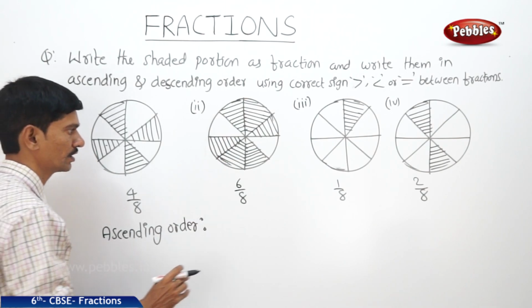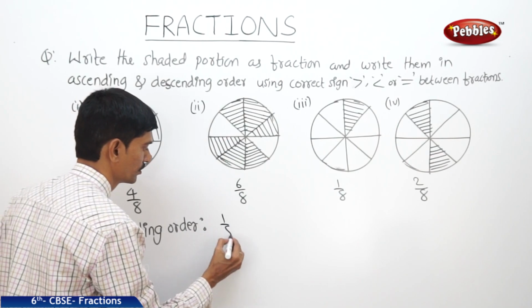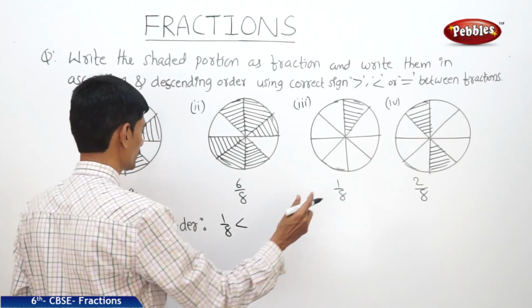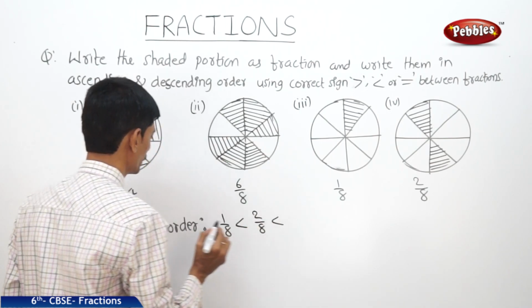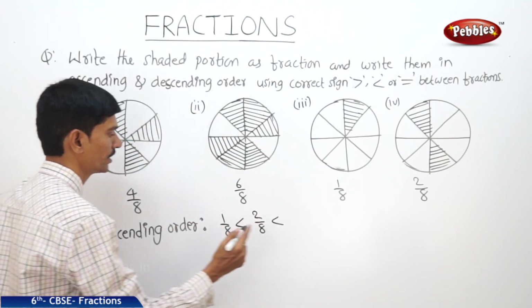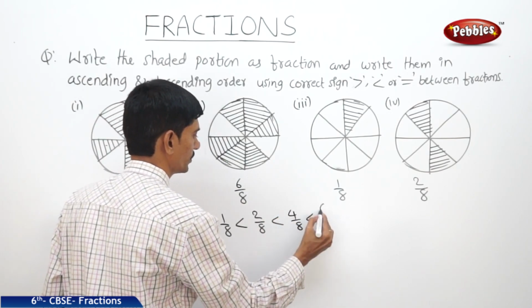First we take the fraction with the smaller numerator, that is 1 by 8, which is less than 2 by 8, which is less than 4 by 8, which is less than 6 by 8.